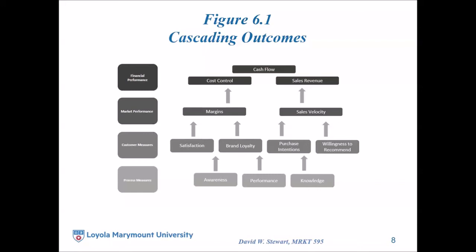And that's a function of people's purchase intentions, their willingness to recommend to others. And again, they're also related to things like awareness and knowledge. So you've got a whole set of measures that cascade, and they ultimately get us to cash flow. Part of your challenge as a marketer will be to help others in the organization understand the relationships.